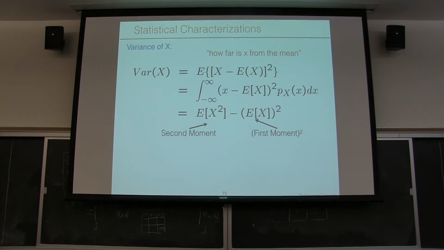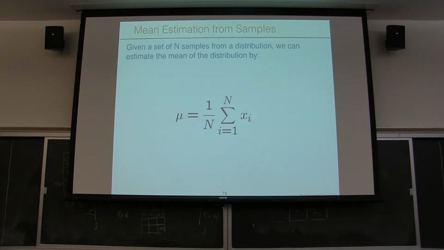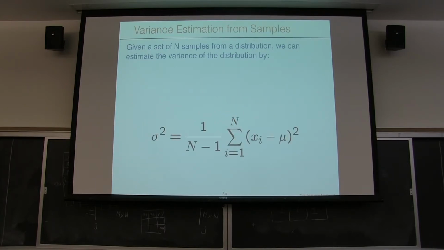That's the variance. And we all know how to estimate that from a number of samples. The standard deviation is the square root of the variance. If I have n samples, I can estimate the mean by just averaging them, and I can also find the variance by using this approximation.